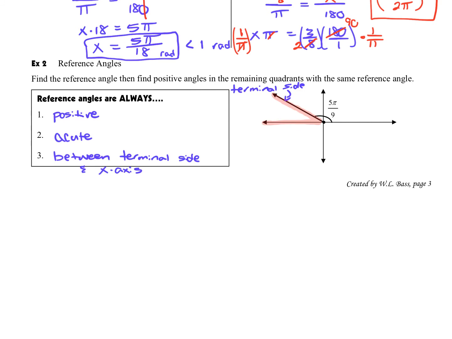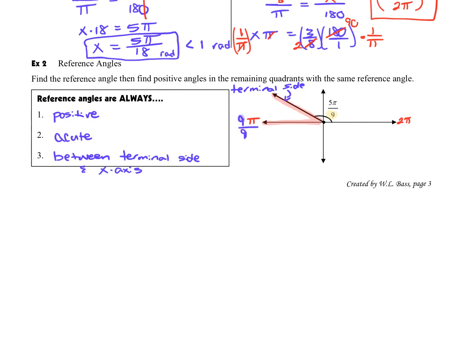Now, here's what we want to do. We're going to use that idea from up above. Up above, we said that this is pi radians and this is 2 pi radians. And I have this denominator here of a 9. So I want to write everything in terms of that denominator of 9. So I'm going to take my pi and I'm going to convert this to a 9 pi over 9, which of course would still reduce to pi.